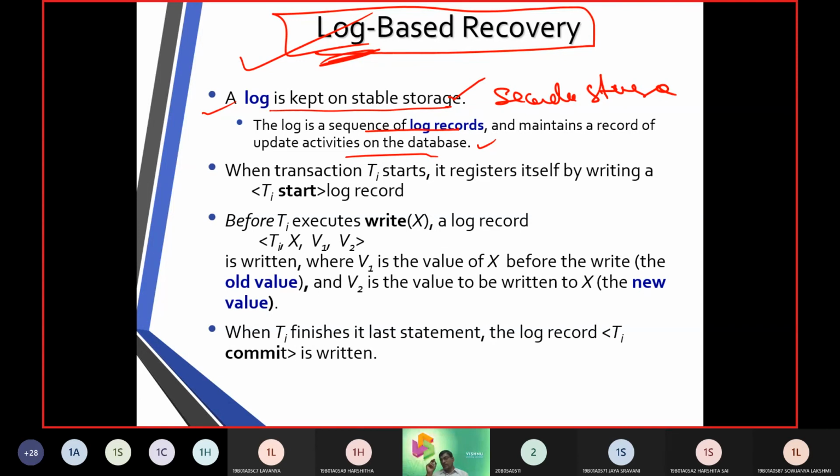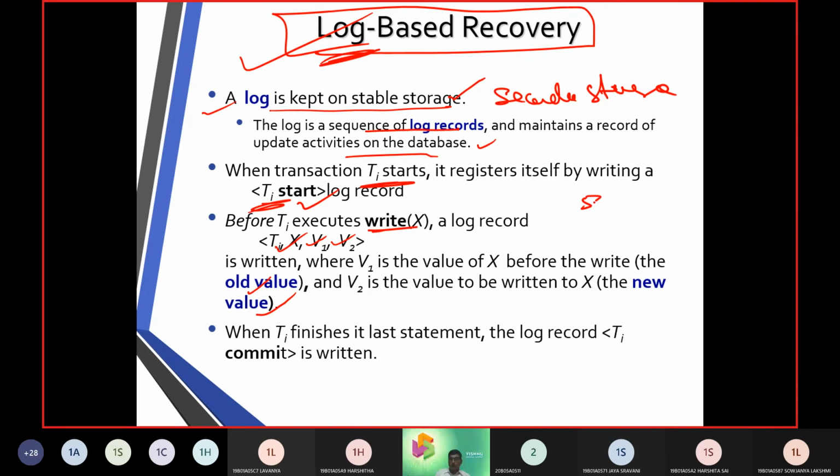Whenever a transaction needs to be started, the first item will be Ti, the transaction number, transaction 1, 2, 3 and so on, and then it starts with a command called start. After that, it goes with either a read or write operation, and all the states and values, the previous value and the new value, are recorded.